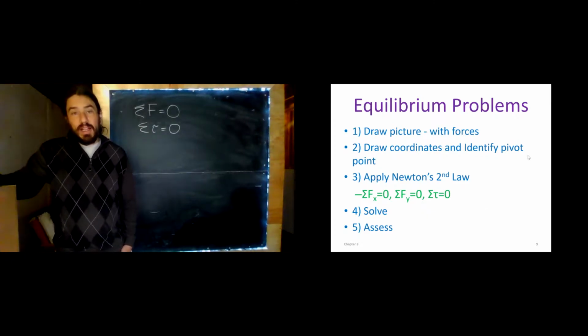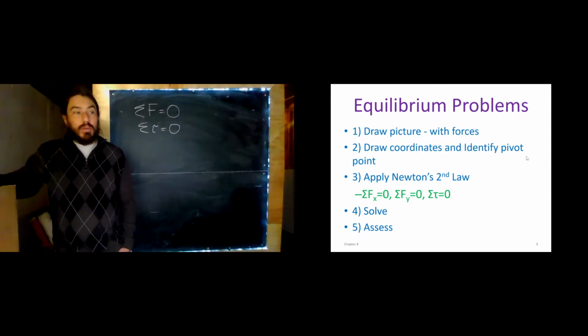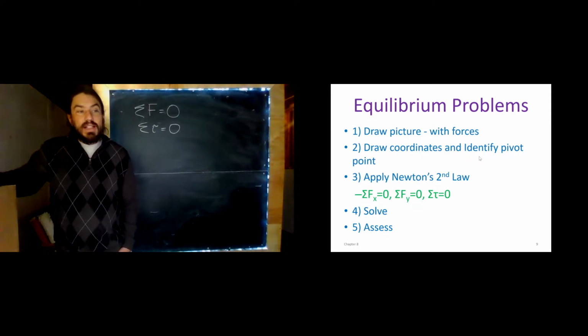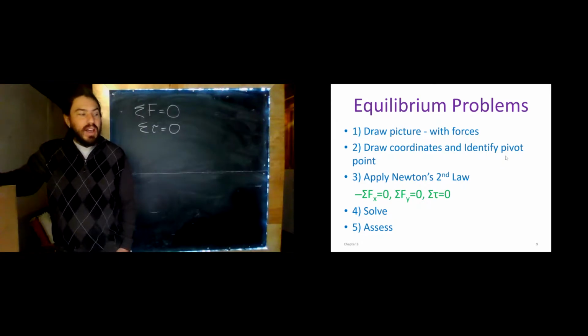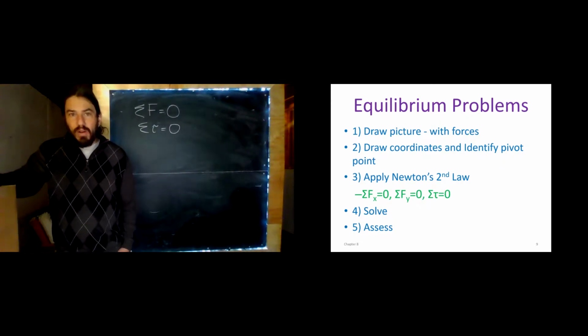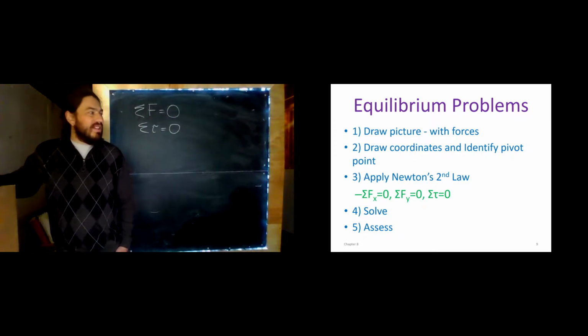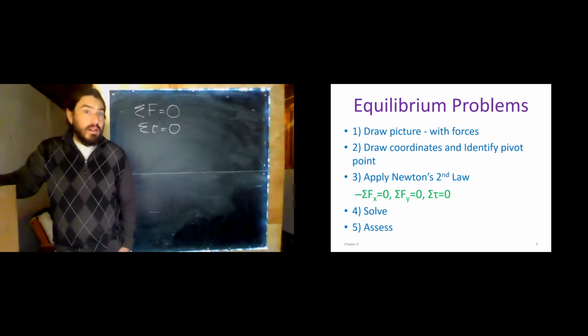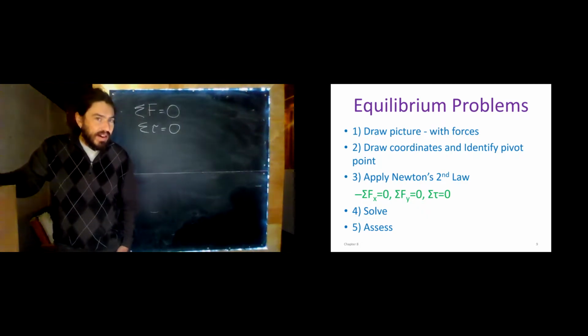One tricky aspect of solving these problems is this right here, identifying a pivot point. That step right there can be a little bit tricky because in equilibrium problems, we're usually talking about situations where things are not rotating, right? In chapter 7, it was often pretty clear where our pivot should be because we had things rotating about some point, and it's like, oh, well, that point it's rotating about, that's clearly our pivot.